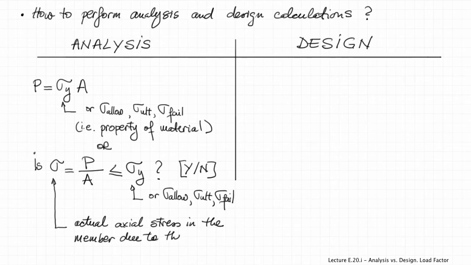And the answer would be, of course, either yes, and that means trouble, the structure may fail, or no, which means the structure is still able to carry the applied loads.